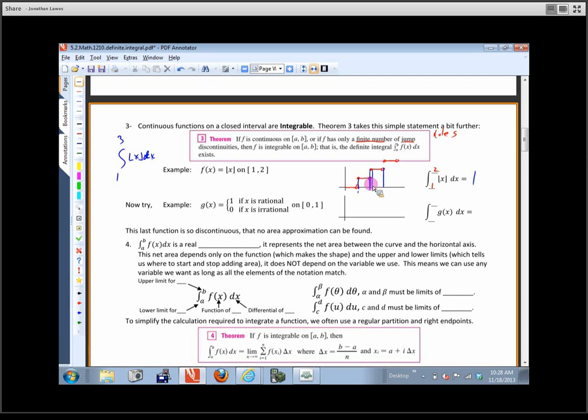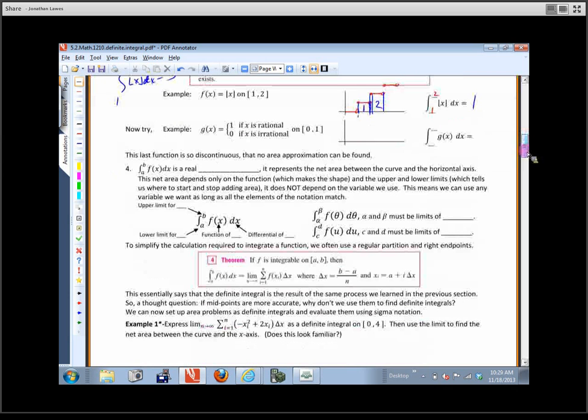It effectively turns into a 0. And that's why it says if I have a finite number of those, I can still add up. So this would be 1 and this would be 2, because the whole box is 1 unit wide and 2 units tall. This would end up being 3. Okay? Does that make sense? Seems a little bit weird, but think about it for a while.